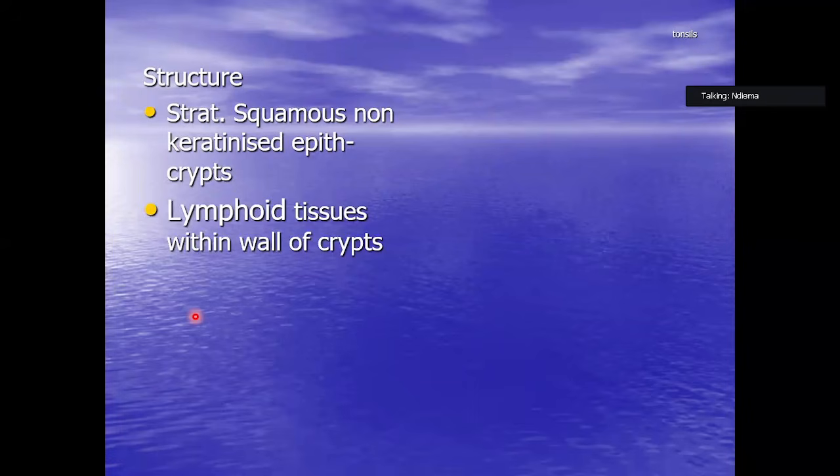Then we have lymphoid tissue below the basement membrane, and sometimes the lymphoid tissue also invades into the epithelium. When it invades into the epithelium, we refer to it as intraepithelial lymphoid tissue.